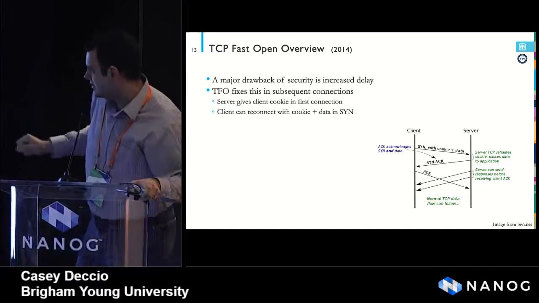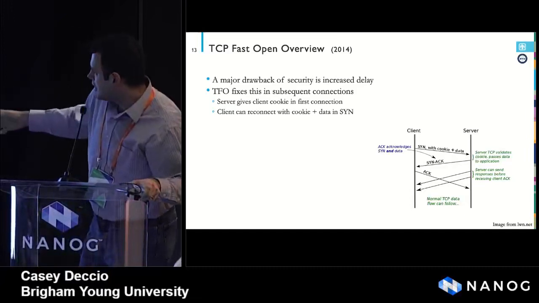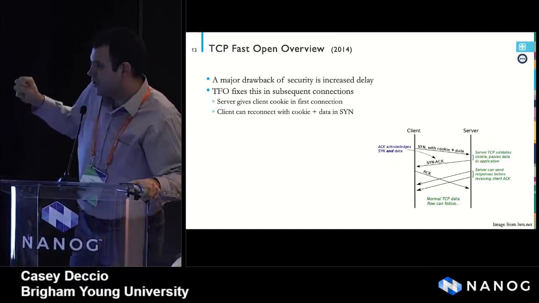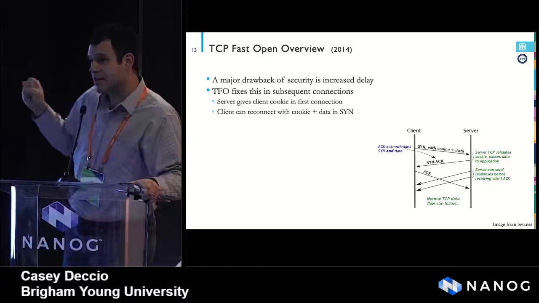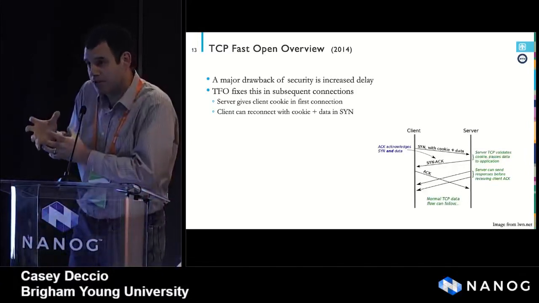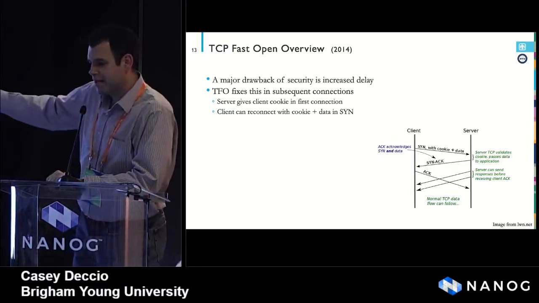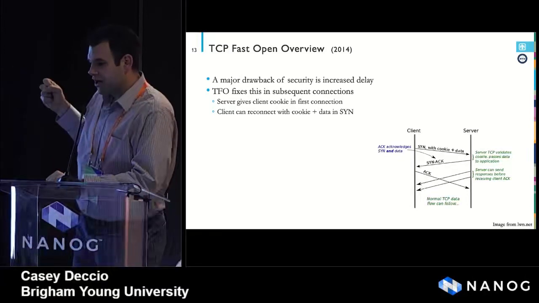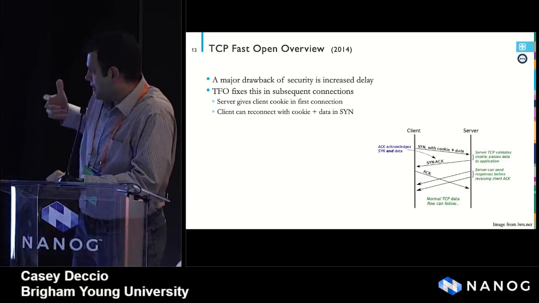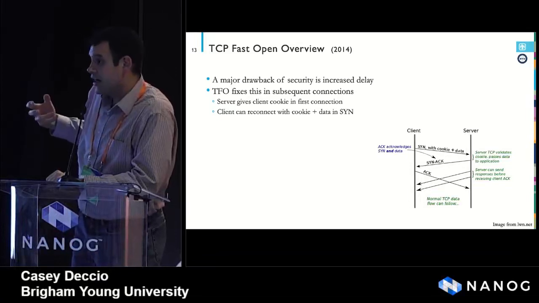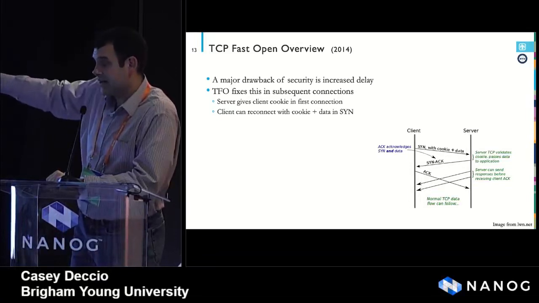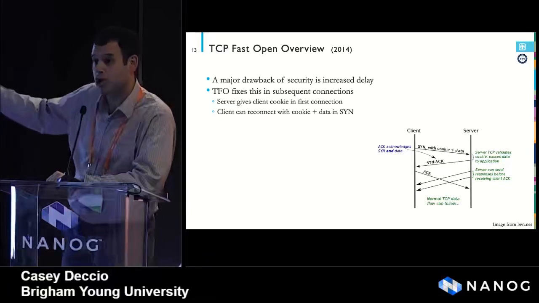The idea behind it is, if you look at the diagram here, first thing that happens is when the client establishes a TCP connection, it sends an extra TCP option, the TCP Fast Open option or TFO option. Then the server responds in the typical way with the SYNACK, but it also includes that option back, along with what we call a cookie.